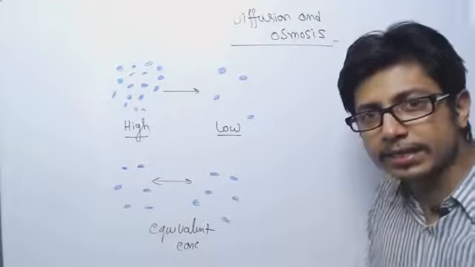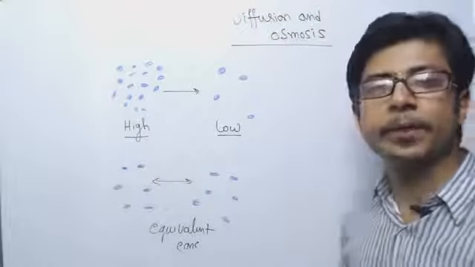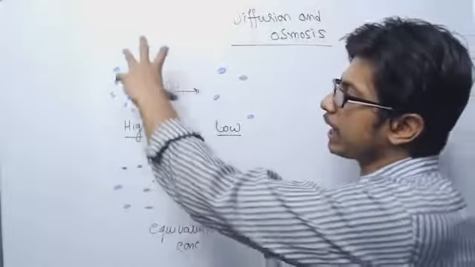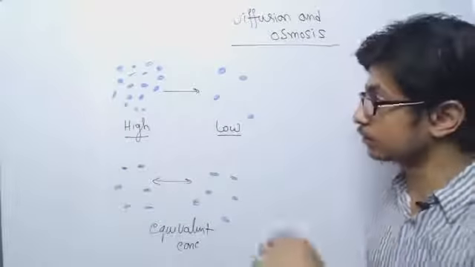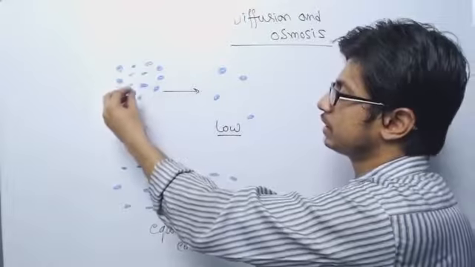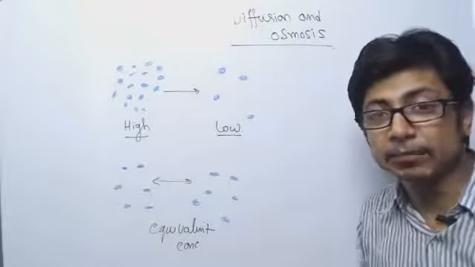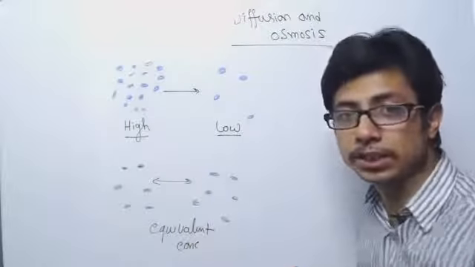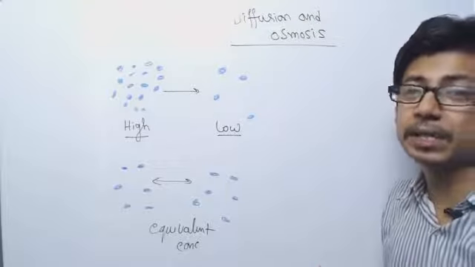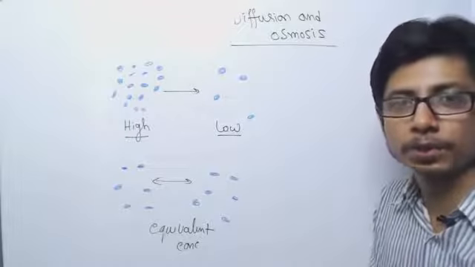Now what other things influence this diffusion process? One thing is the temperature. If you have a highly concentrated situation, where you just put some molecules there, and you increase the temperature, you will see the movement of those solute particles will be much faster. So temperature will help the diffusion process.